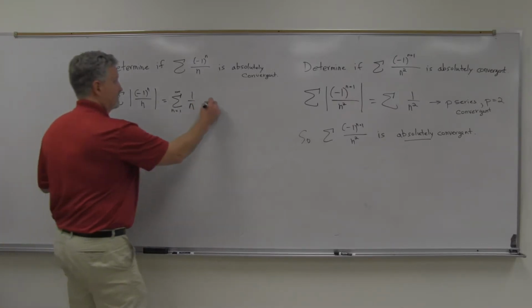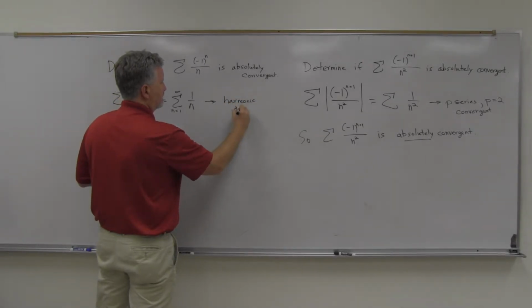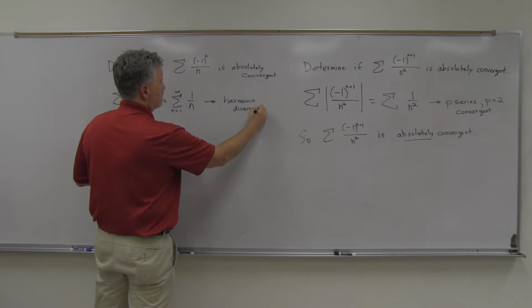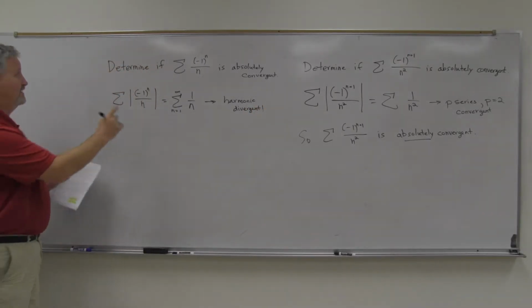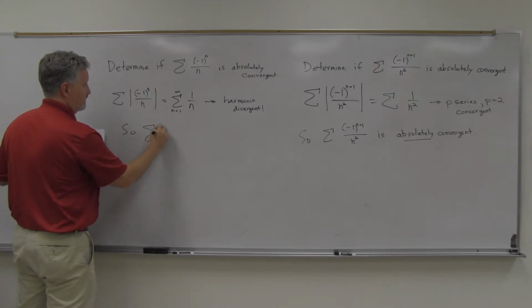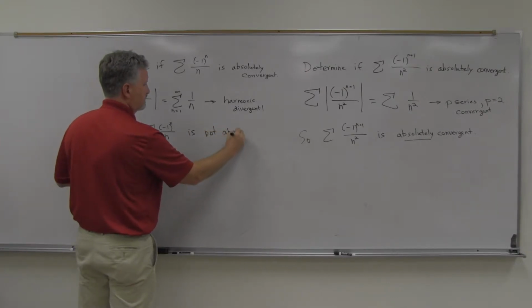That's the harmonic series. That's divergent. So what does that tell me? Well, that tells me (-1)^n over n is not absolutely convergent.